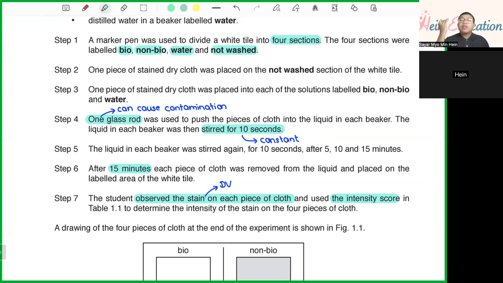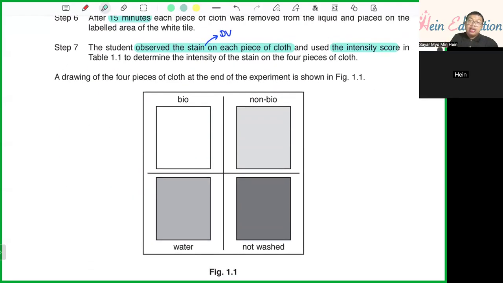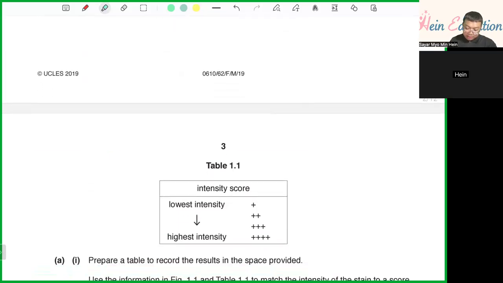So different people have different eyesight, meaning that it's a subjective problem, a subjective error. And they use the intensity score in Table 1.1 to determine the intensity of the stain on the 4 pieces of cloth. And the results were shown here. So the 4 pieces of cloth at the end of the experiment are shown here, and then they give you the intensity score as well.